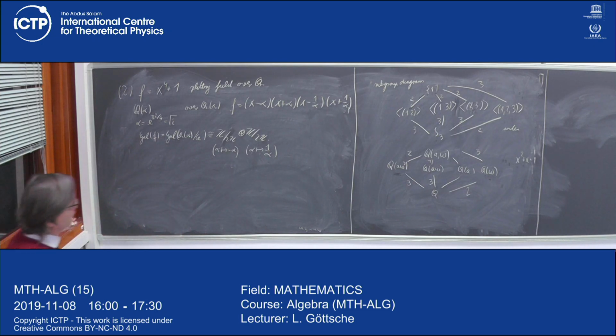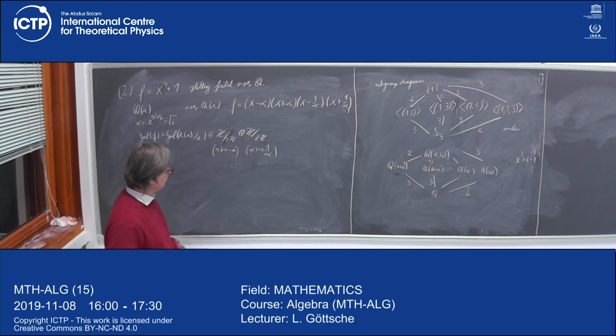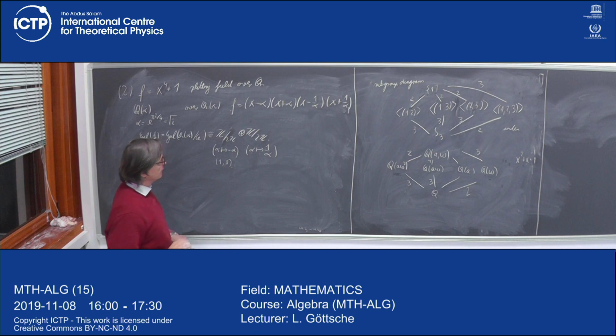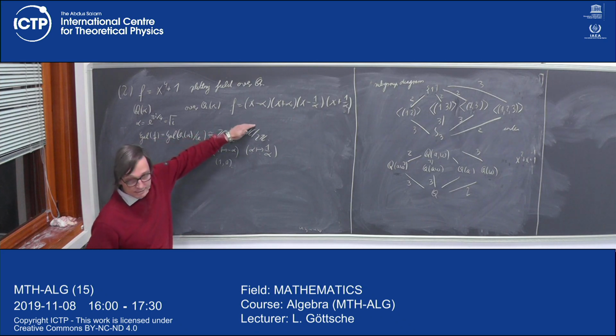So the four elements are, in this identification, I call this element (1, 0), so it's the 1 here and the 0 here.